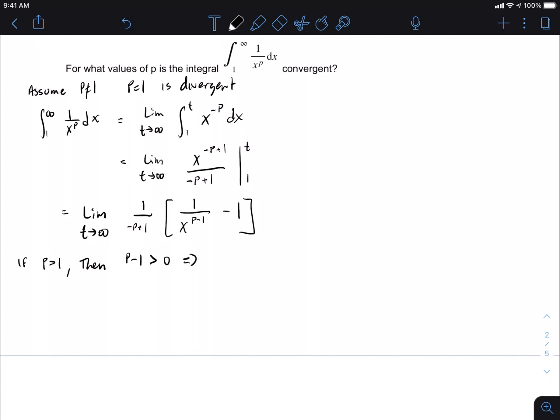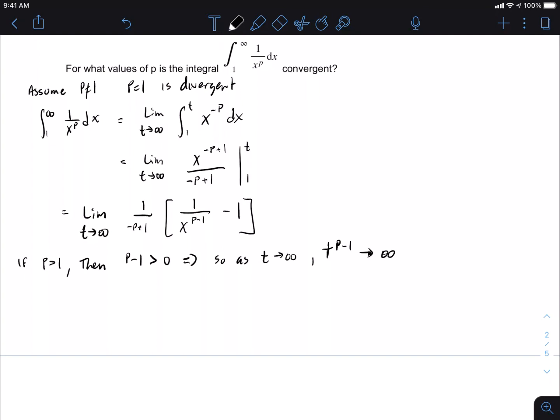Now, this then implies, as t takes off to positive infinity, my t to the p minus 1 is going to take off to infinity. Does that make sense? Yes.